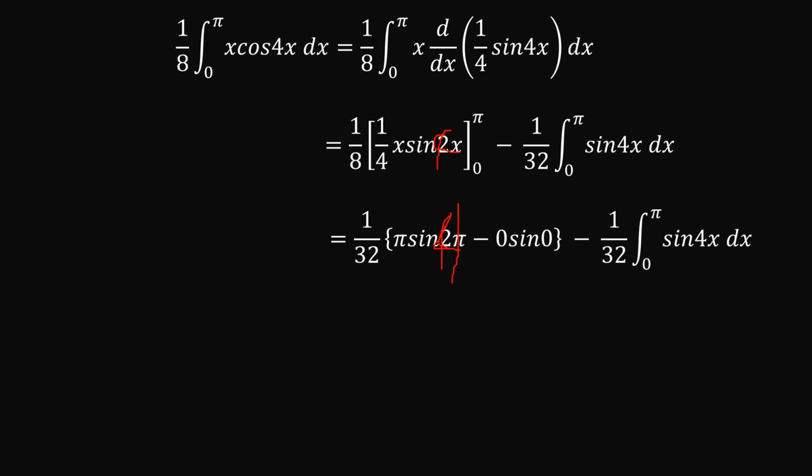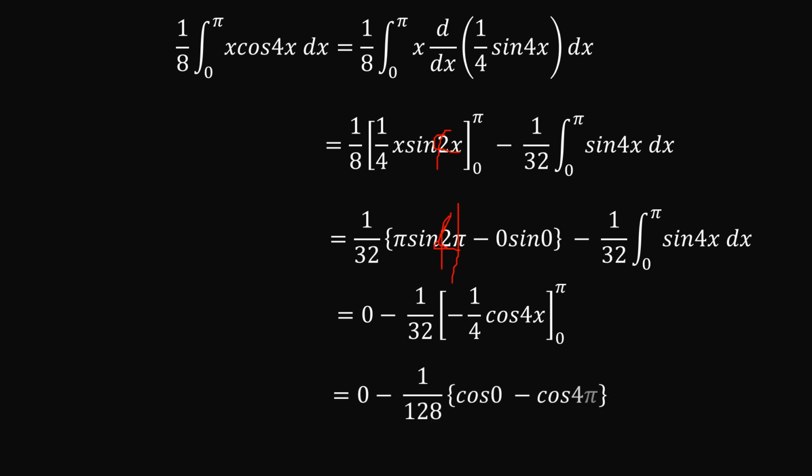Then we are left with the negative of 1 over 32 integral of sine 4x, and again that results in 0 minus 1 over 32 times 1 over 4 cosine 4x from 0 to pi, and when you substitute the limits in there, because of this negative sign, we begin with cosine 0 minus cosine 4 pi. Cosine 0 is 1, cosine 4 pi is 1, and this entire term becomes 0.